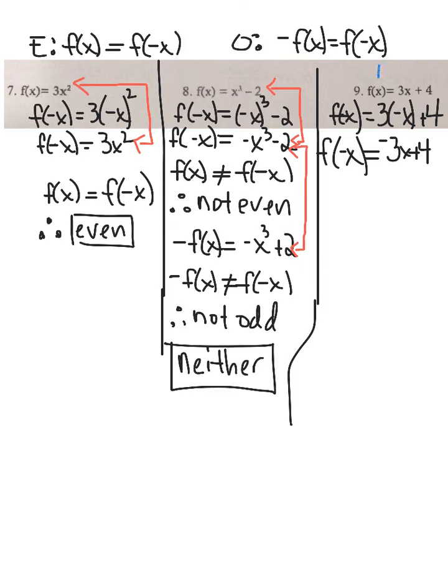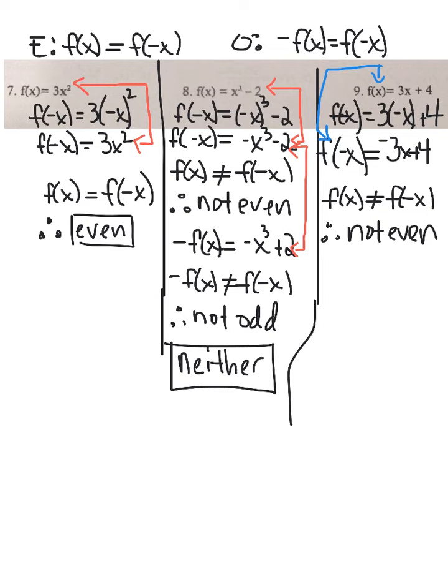So here is my original function, and there is my f of negative x. If I compare those, they are not the same. Okay, so this is not going to be even, but we need to restate that even rule. So we're going to write f of x does not equal f of negative x, and therefore not even.